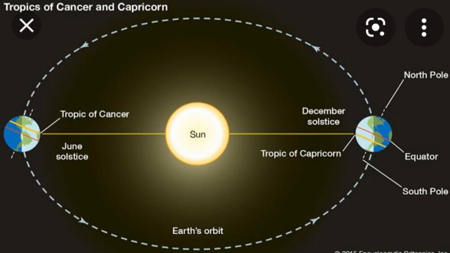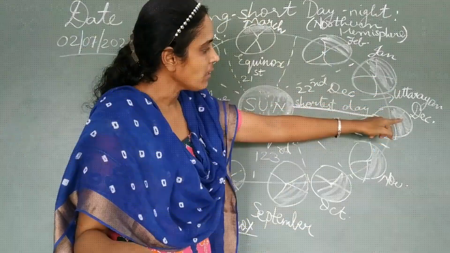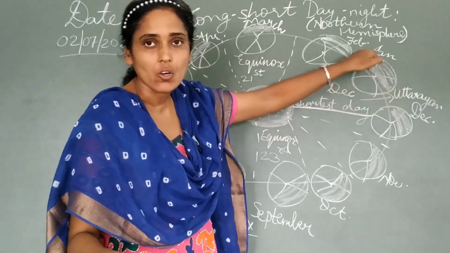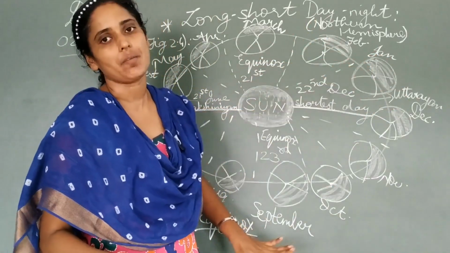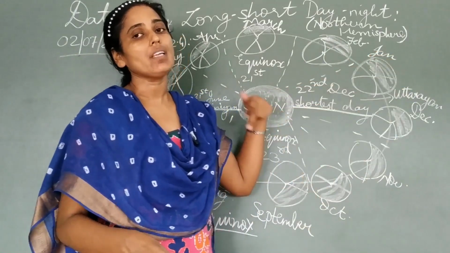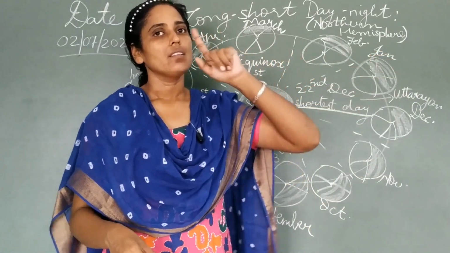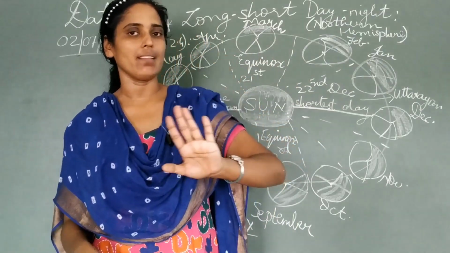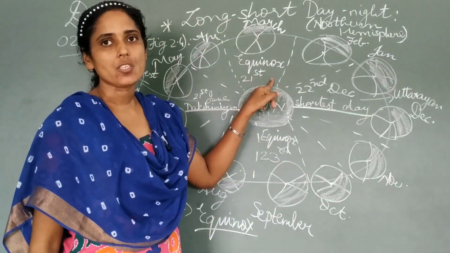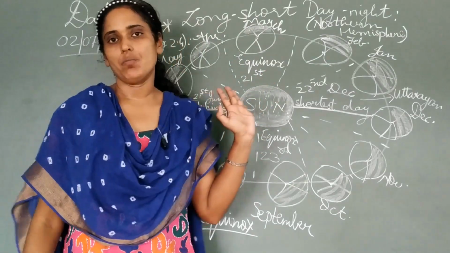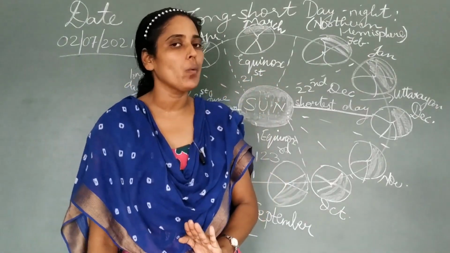And when sun rays fall diagonally, that is in a slanting position, what happens? Days are short and nights are long. Just like we showed you, here sun rays are falling diagonally, not in a straight manner. Wherever straight rays fall, you have daytime, and in diagonal positions you have night time. And the days and nights are of equal length on 2 days, which are 21st March and 23rd September.